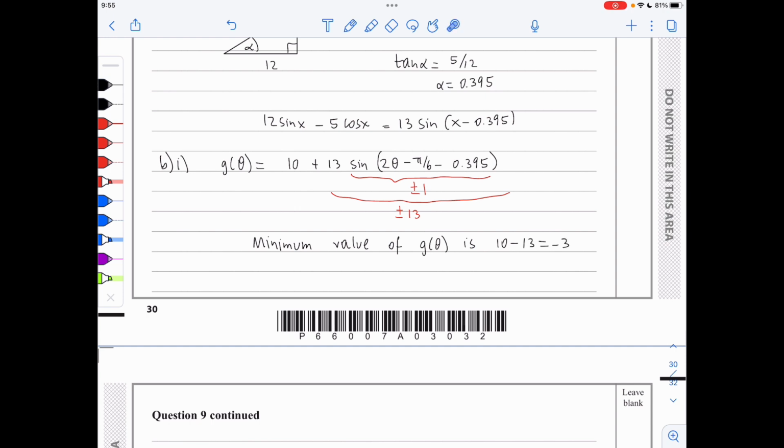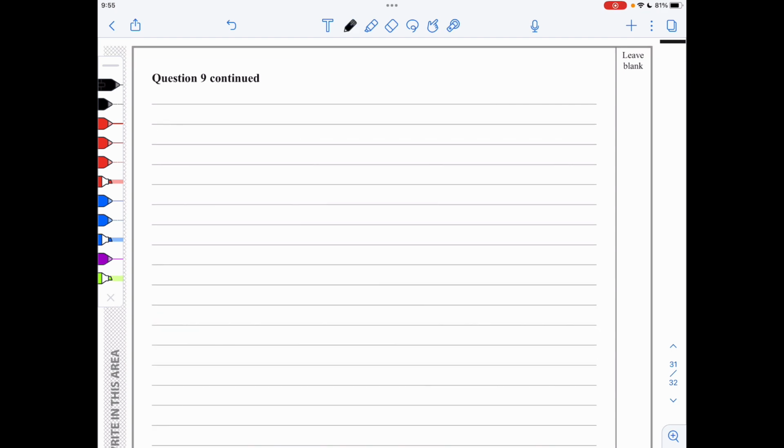Now this minimum will be when sin(2θ - π/6 - 0.395) is -1. So we are asked to solve sin(2θ - π/6 - 0.395) = -1.